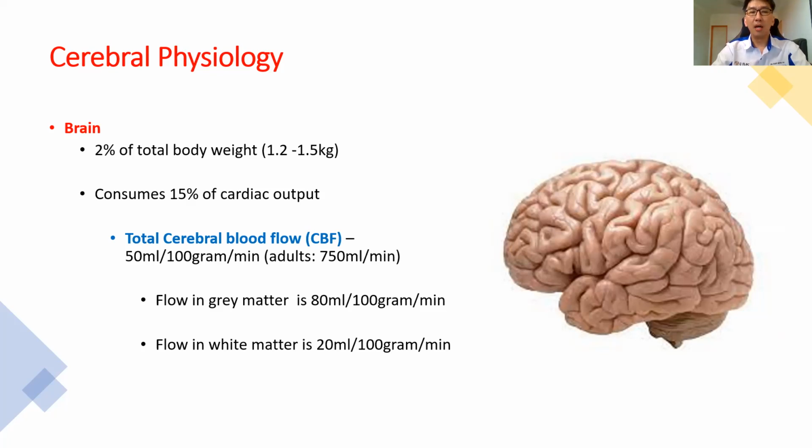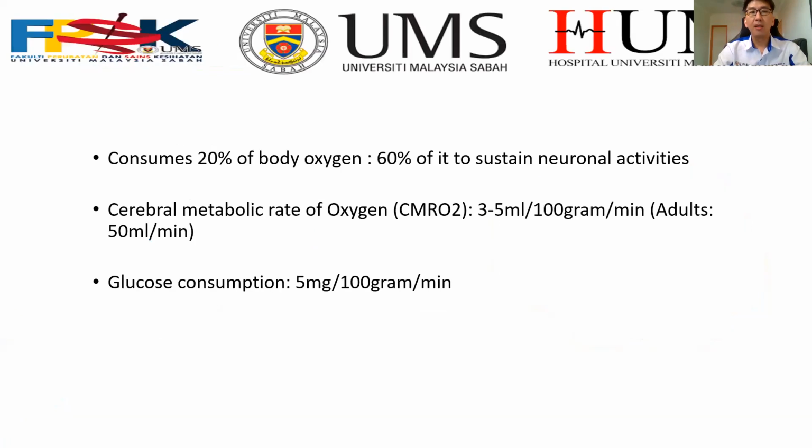In the gray matter, the higher flow occurs because of active neuronal activities, as the neuronal bodies occur in the gray matter, while the white matter consumes less blood flow. As mentioned earlier, 20% of the body's oxygen goes to the brain to sustain its active neuronal activities.